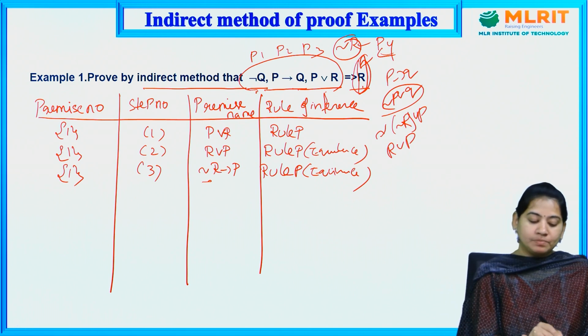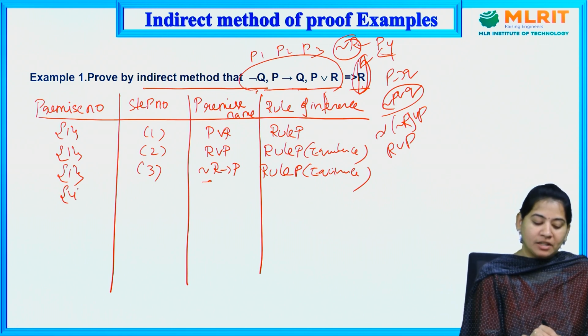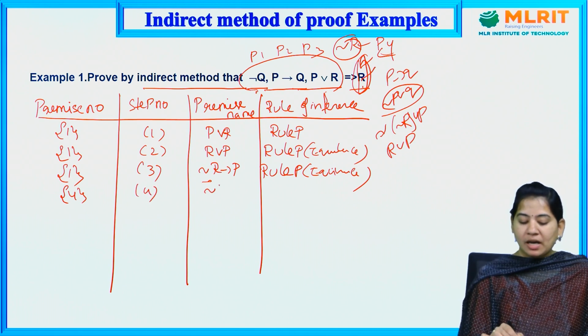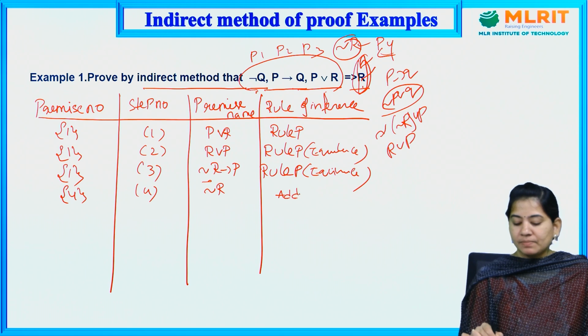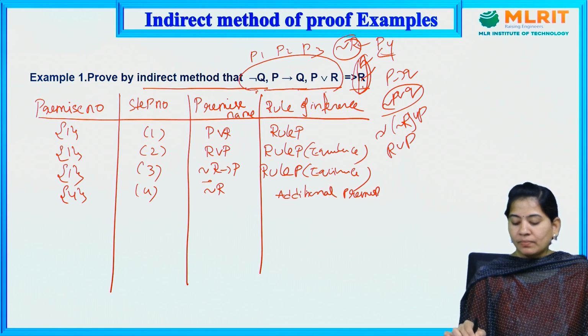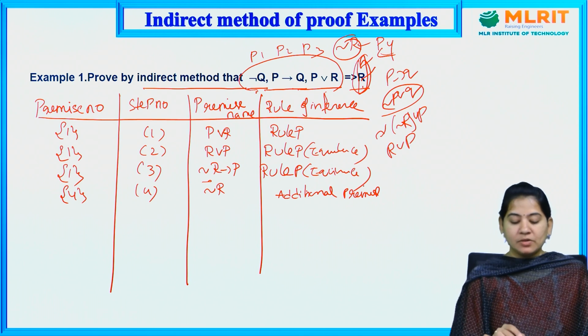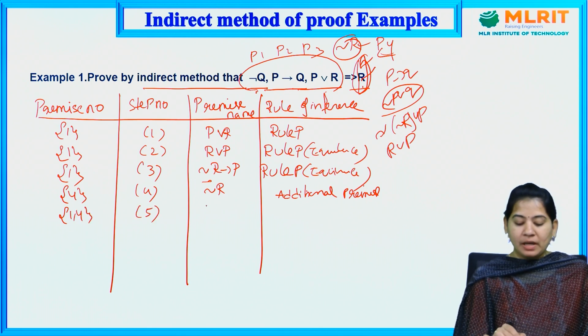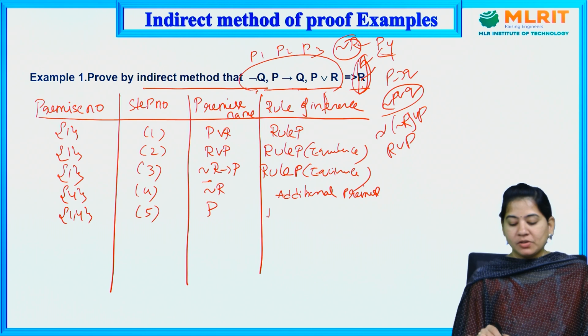Now go for the premise number 4, step number 4, and here I am including negation R, which is called an additional premise. Now negation R comma negation R implies P, from steps 3 comma 4, step number 5, you will get P, which is called rule T, and this is called I11.